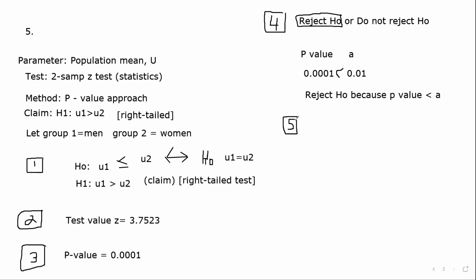Our claim was the alternative hypothesis.